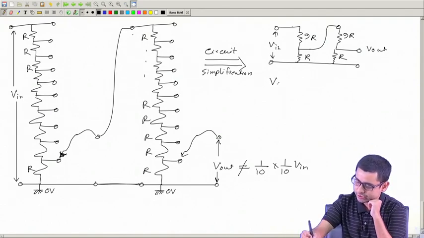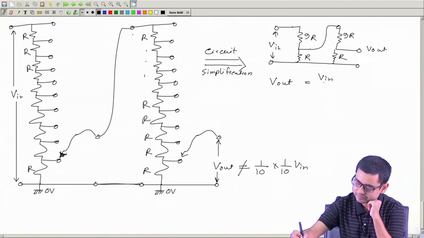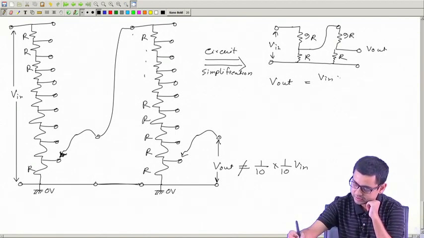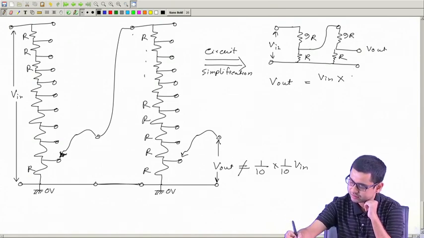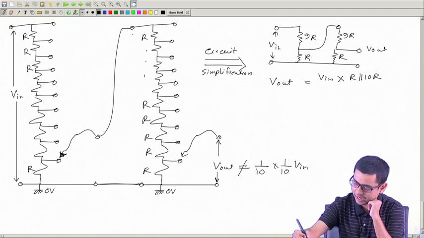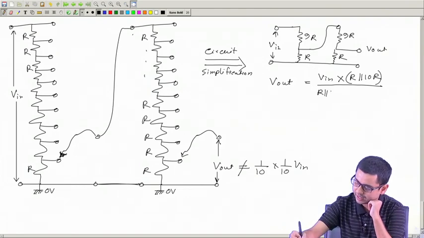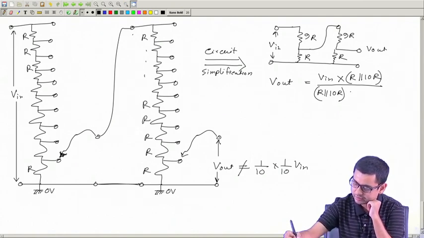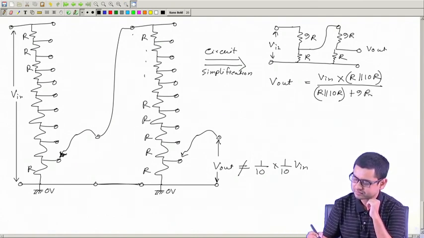So, we can write V out is equal to V in multiplied by this combination R parallel 10R, whole divided by R parallel 10R plus 9R.